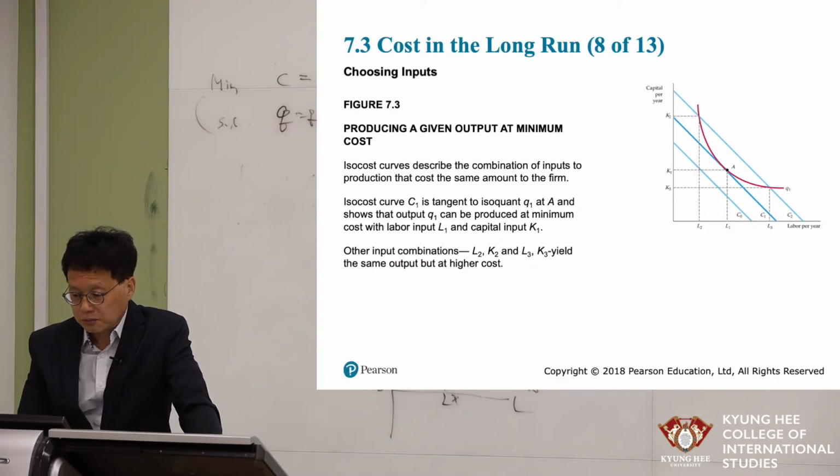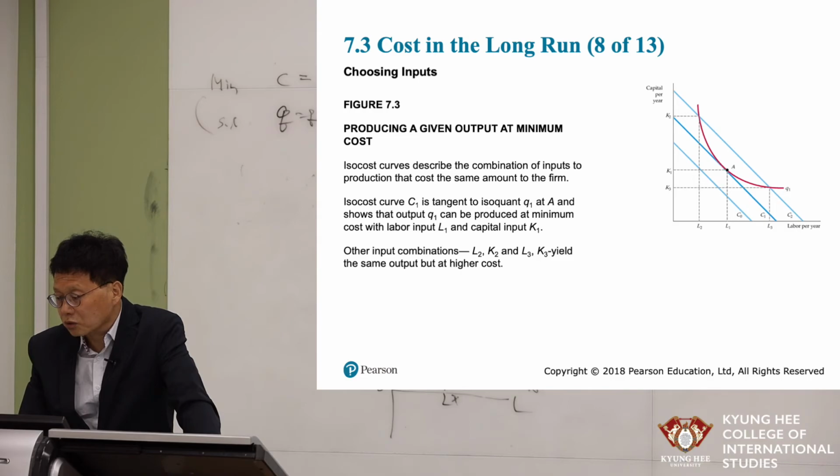So look at this. Production of a given output at a minimum cost. The isocost line describes the combinations of labor and capital input to production that cost the firm the same amount. Right? Isocost curve C1 is tangent to the isoquant Q1 at point A here.